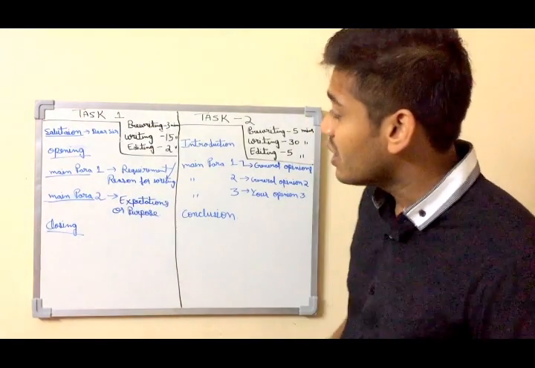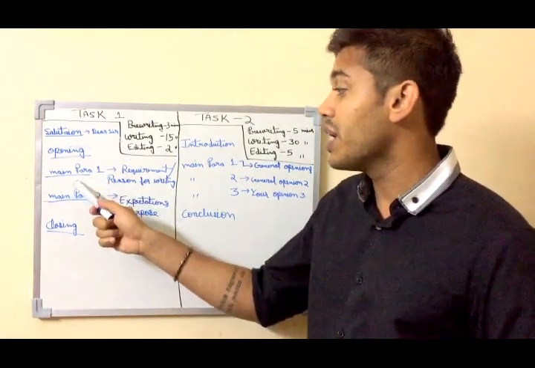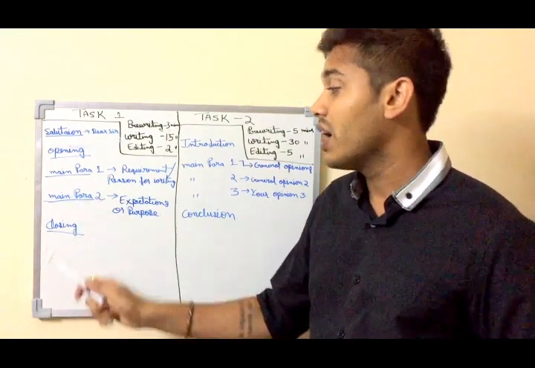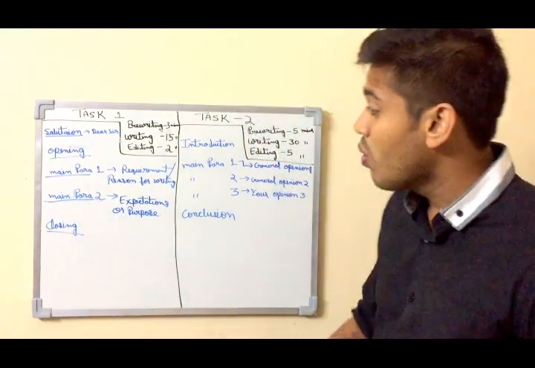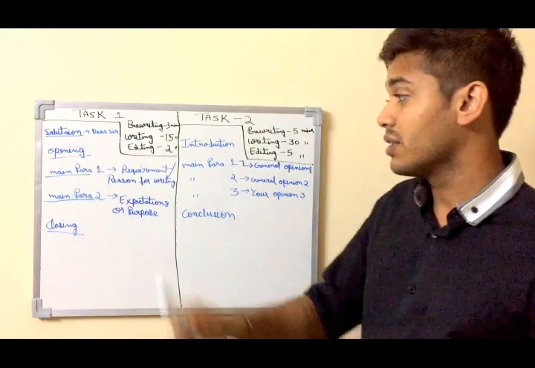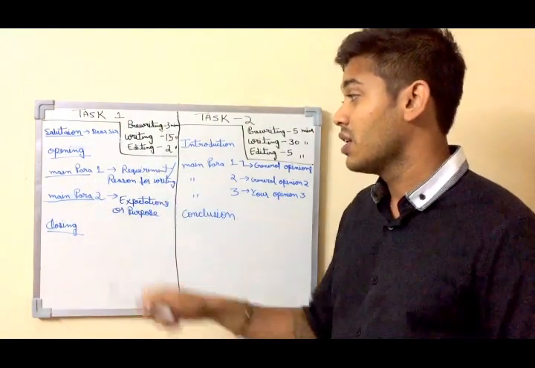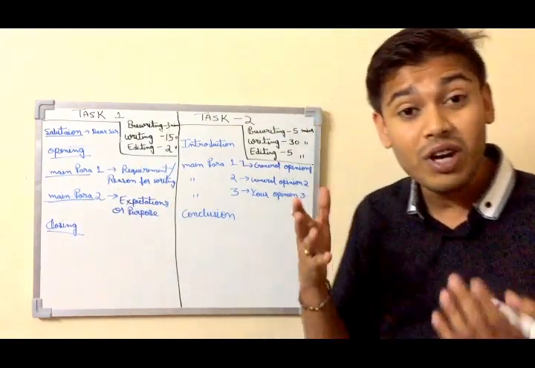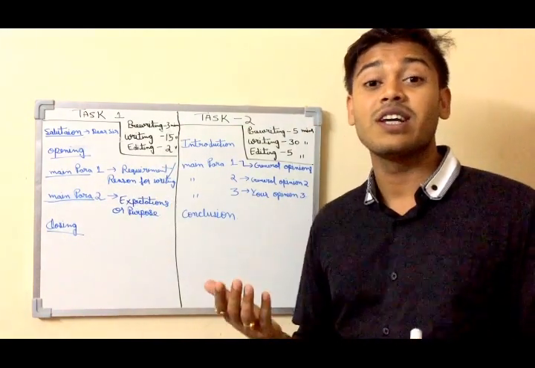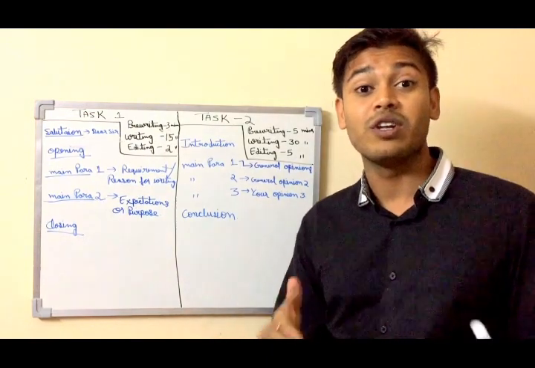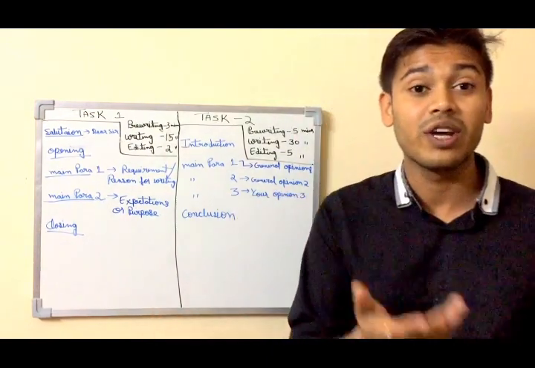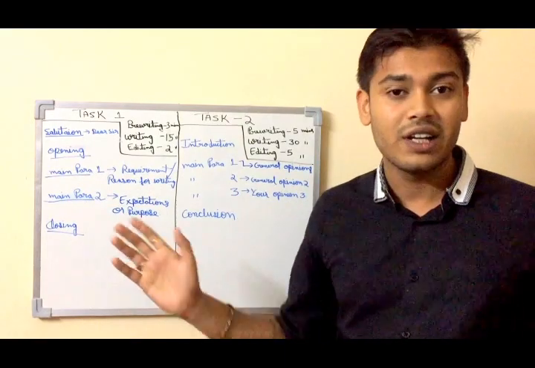Okay. Now after the opening comes main para 1, main para 2, and then closing. So what can be there in main para 1? Main para 1 majorly comprises the requirement, the reason for writing, why you are writing this letter. I am writing this letter to inquire about the railway reservations, the hotel bookings, and so many things we can write.